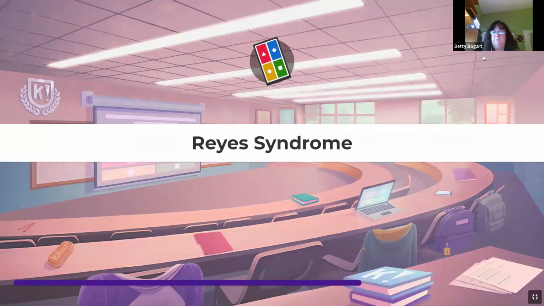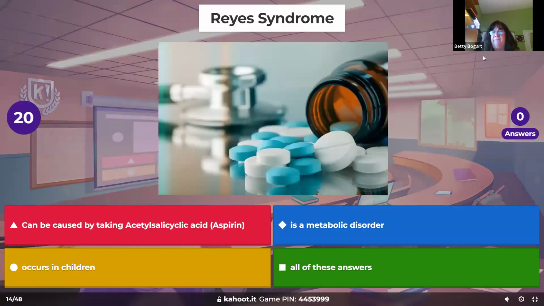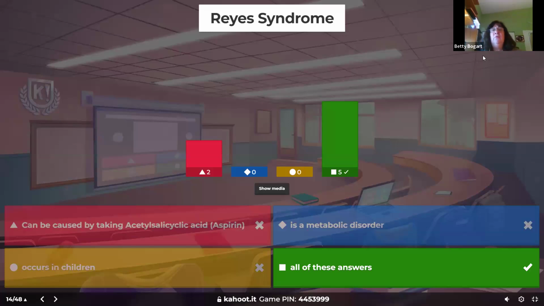Reye syndrome. What do we need to be worried about that for? What's Reye syndrome? So Reye syndrome is when you give a child less than 8 years old aspirin for a fever, or just normally, instead of acetaminophen or ibuprofen, and it can cause a lot of problems with the organs in the body.